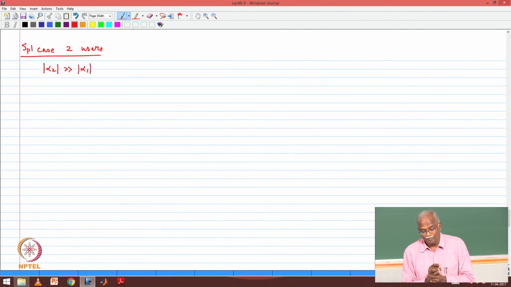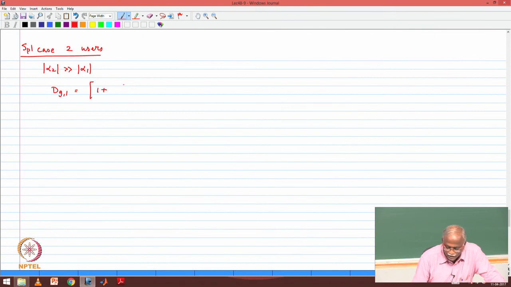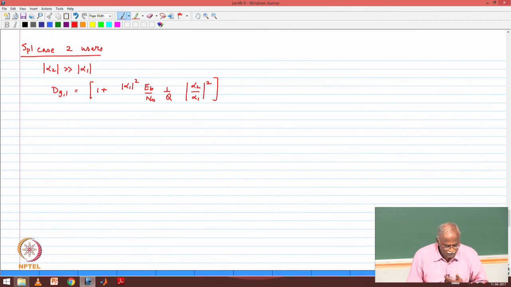That means user 2 is transmitting with more power than he needs to. Either he is very close to the base station or he has not reduced his power, so alpha_2 is much stronger than alpha_1. So, the degradation seen by user 1 will be 1 plus mod alpha_1 squared E_B by N naught, 1 by q, and since there are only 2 users, it will be magnitude alpha_2 by alpha_1 squared.